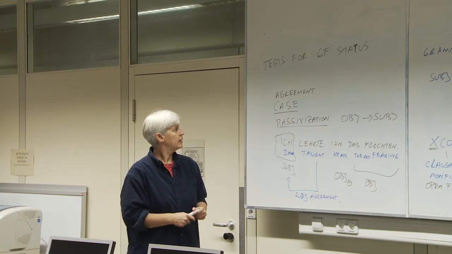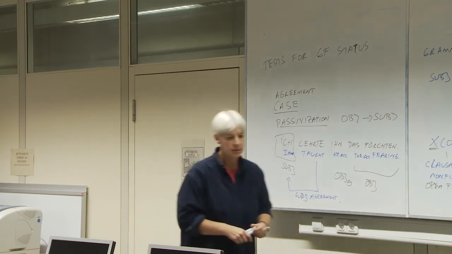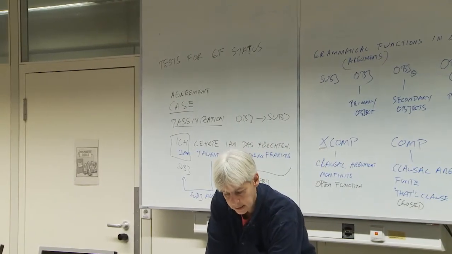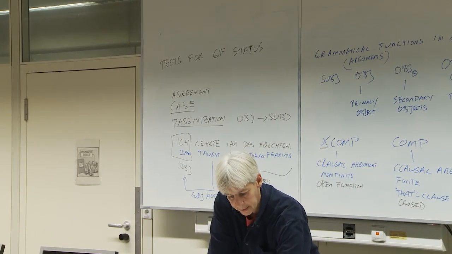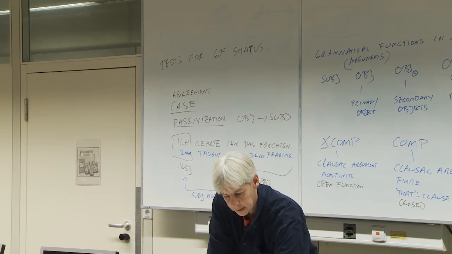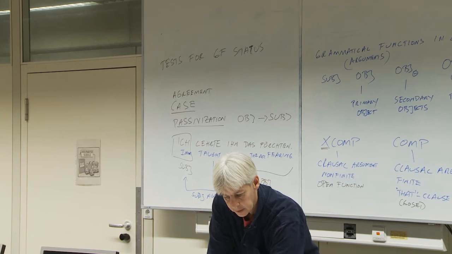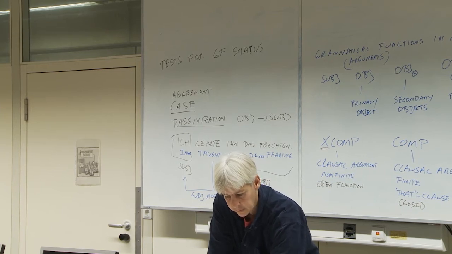Okay, what else? So there's a certain set of tests that you can go through, and Mary Dalrymple talks about some of these tests in her chapter 2. I'm not going to go through them in great detail. You have to figure them out for each language.